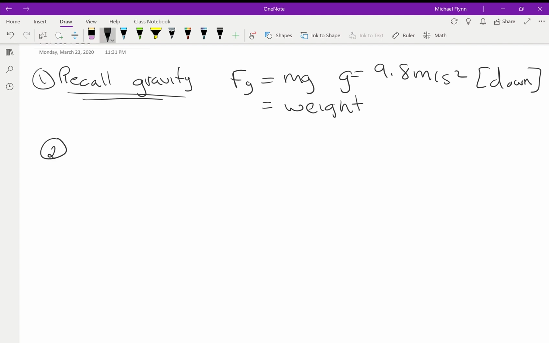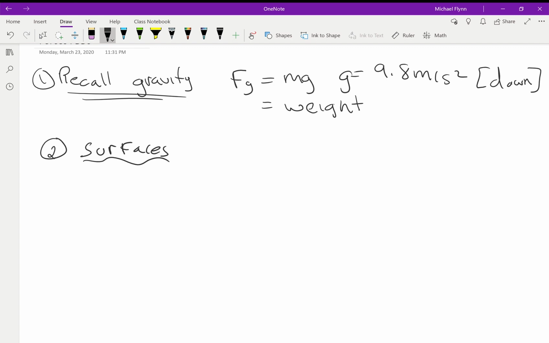Number two, surfaces. When you're sitting on a table or on a chair, or there are objects resting on the table, or you're just standing up, the floor exerts a force on you. The chair you're sitting on exerts a force on you when you sit down on it. A table is exerting a force on the objects that are sitting on the table.